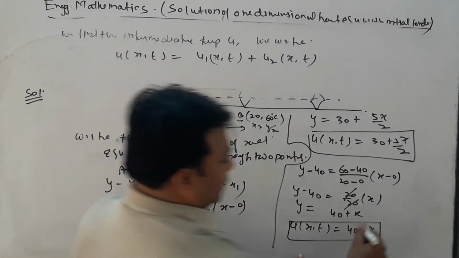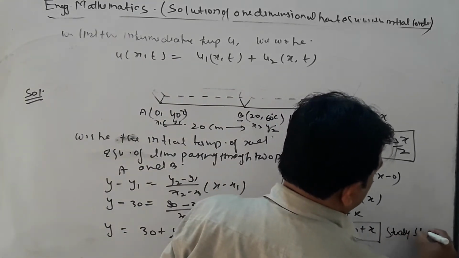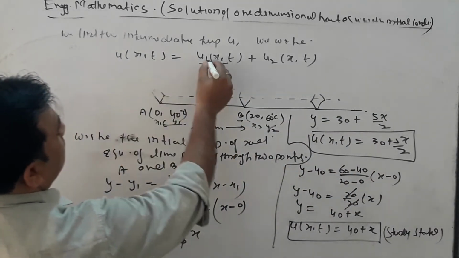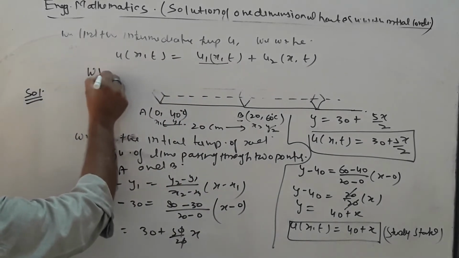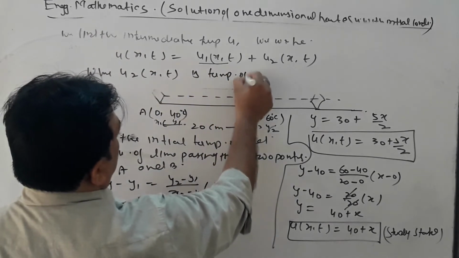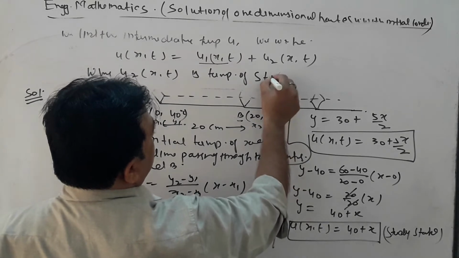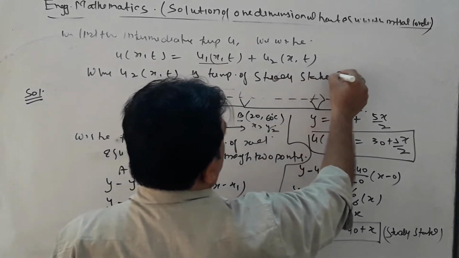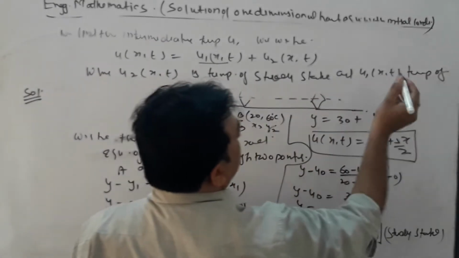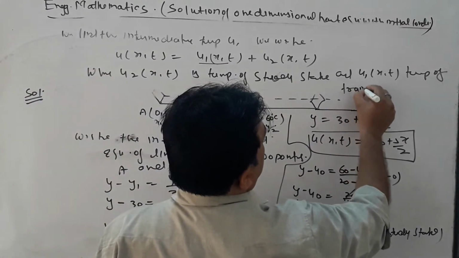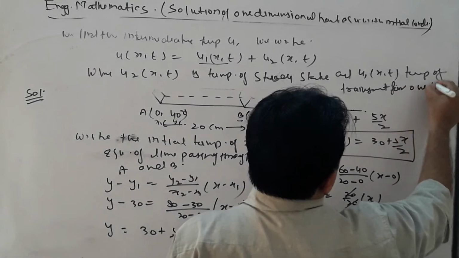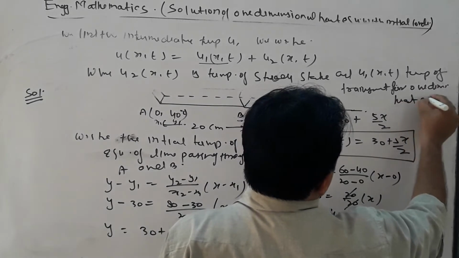This is the temperature of steady state, and this is the transient temperature, where u2(x, t) is the temperature of steady state and u1(x, t) is the temperature of transient for the one dimensional heat equation.